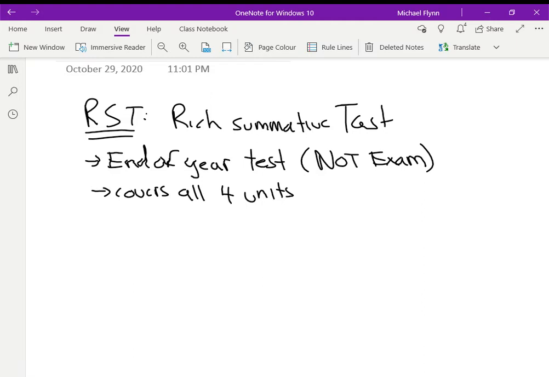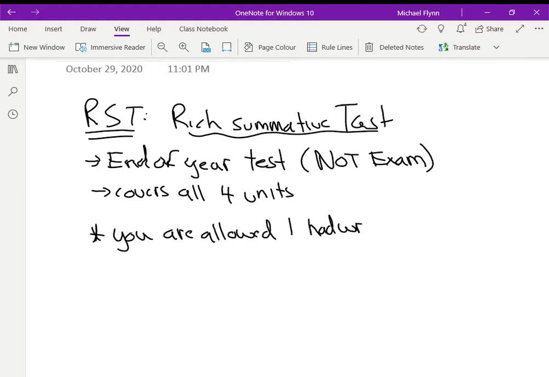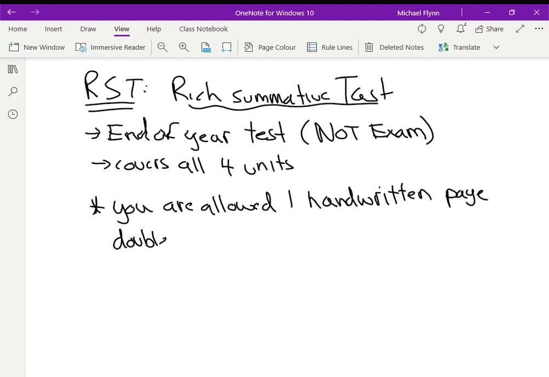The difference is it's a little shorter than an exam, and you are allowed 1 handwritten page, double-sided, 8.5 by 11 inches in dimensions, not some gigantic poster, and not feet, right?